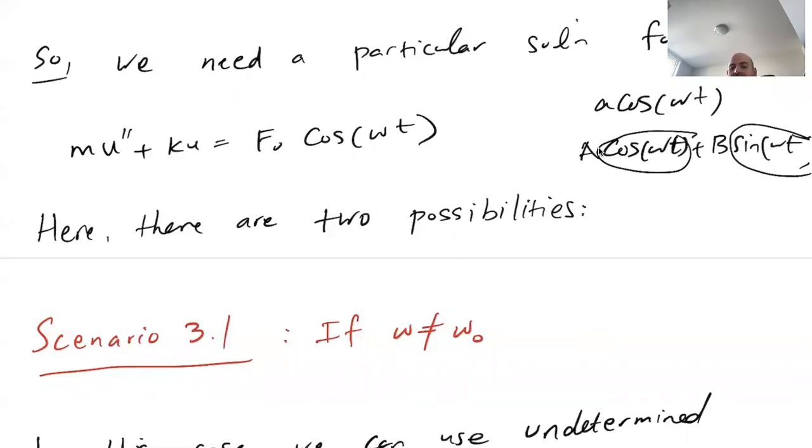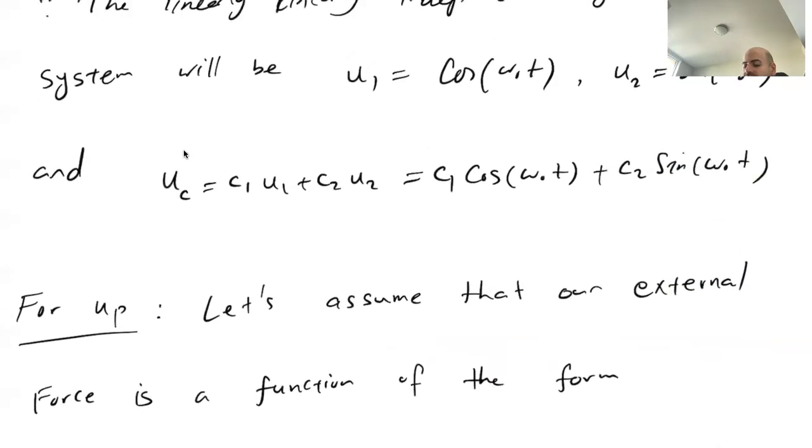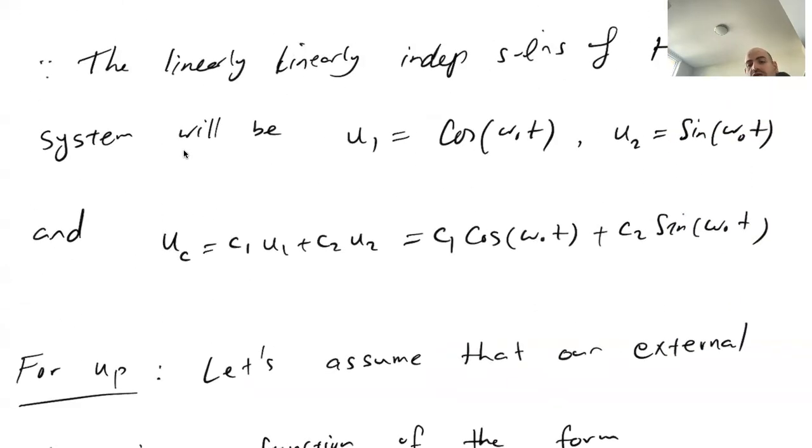Now, if omega is different from omega naught, this cos omega t will not be a solution for the homogeneous equation. Why? Because we just saw that the two linearly independent solutions for the homogeneous equation are cos omega naught t and sine omega naught t. So if omega is different from omega naught, then cos omega t will not be a solution for the homogeneous part anymore.